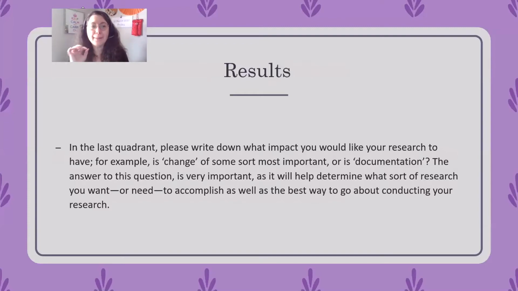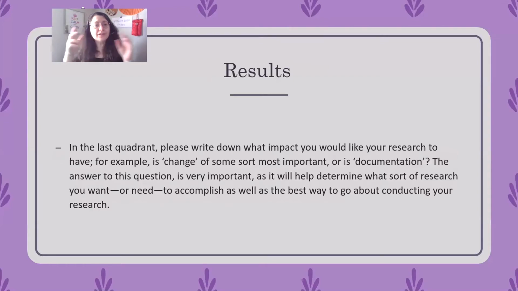Please write down what impact you would like your research to have. For example, is change of some sort the most important thing that you would like to have happen in your research, or is documentation? Are you documenting a condition that you want to be understood for the future, or even the present and future?